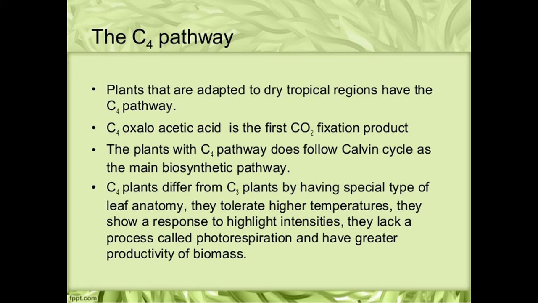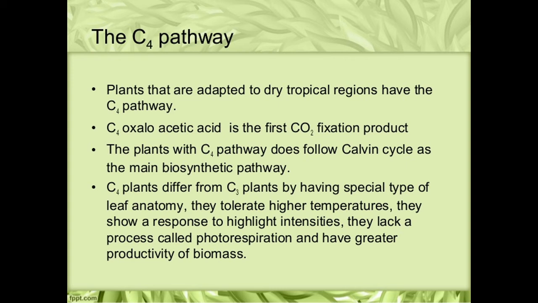A total of 117 genera of plants belonging to 13 families have the C4 mechanism of CO2 fixation, and it occurs in certain grasses like Digitaria, Chloris, Saccharum, Sorghum, Zea mays, Amaranthus, Tribulus, etc.